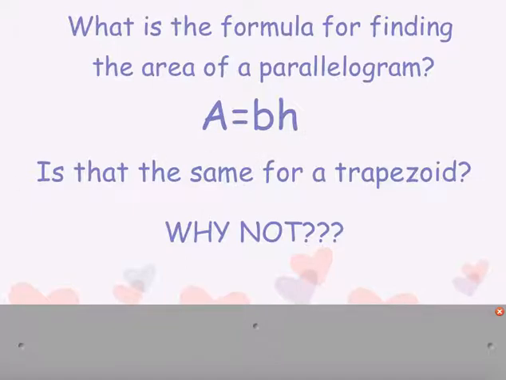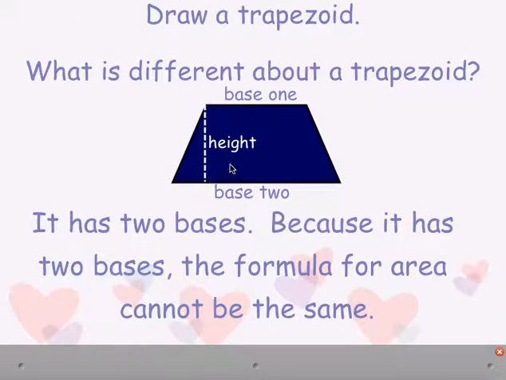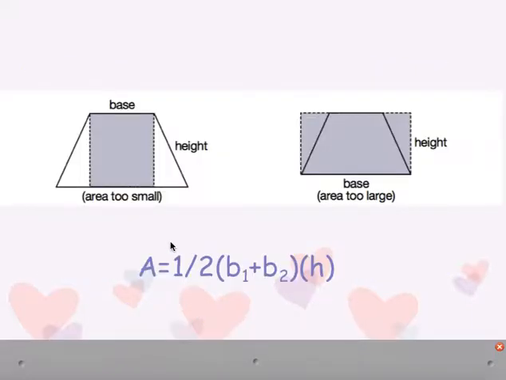Unfortunately, with our trapezoids, we have different size bases, okay? So we have these parallel sides here, base 1 and base 2, but our other sides are not parallel, which means that our base 1 and base 2 are different sizes. Because of this, if we were to just use the base times height method, if we used our smallest base, we would be covering only this shaded part, and that's too small.